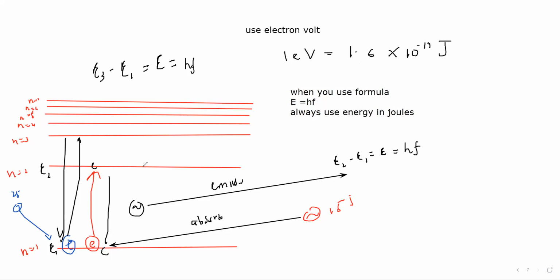But normally when they give you the values, they provide them in electron volts, so you can convert these electron volts into joules. So if I say this one is minus 13.6, this one is minus 4.8.